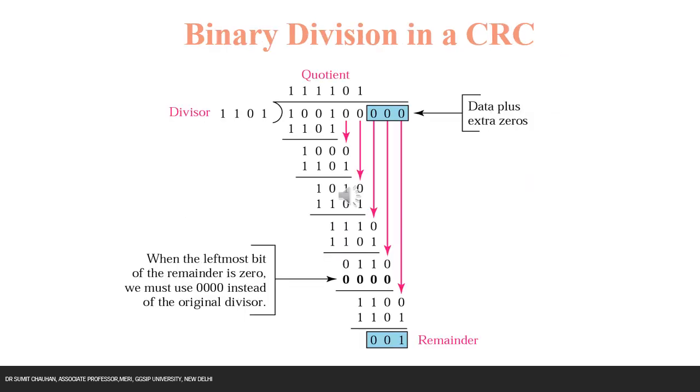Now in this binary division in a CRC, we have added certain zeros to the data, then we have divided with the divisor, and after dividing we have a remainder, that is CRC, 001. Now we'll send the data, that is 100100, along with the CRC, that is 001.